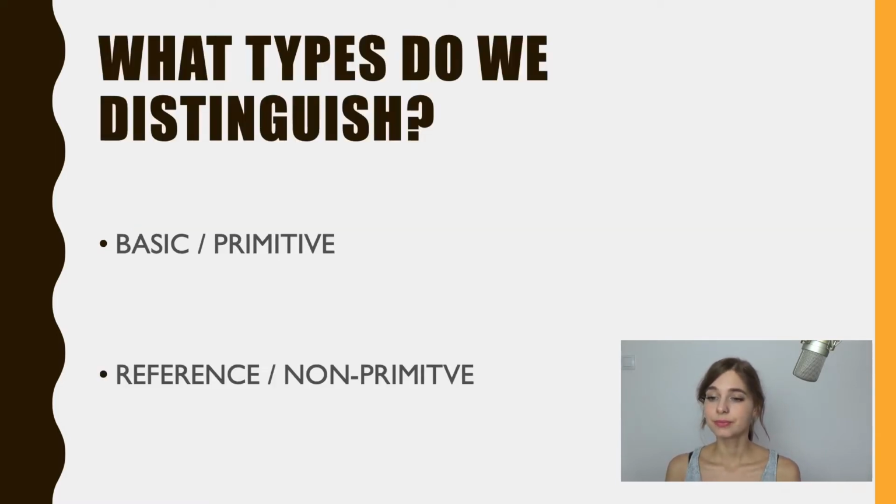And finally, our target topics. What types do we have in JavaScript? The basic breakdown is into 2 categories. We've got basic data types, aka primitive data types, and reference data types, aka non-primitive data types.